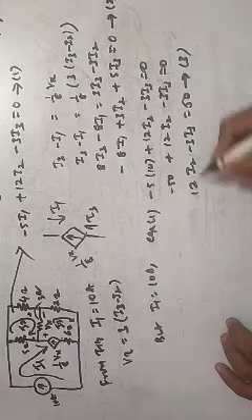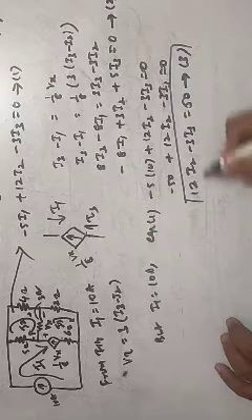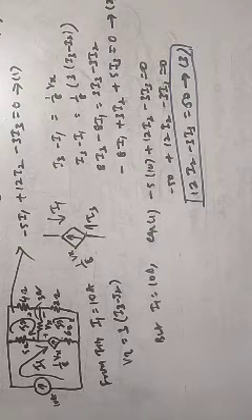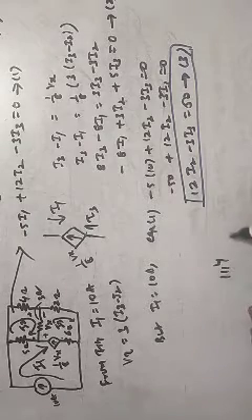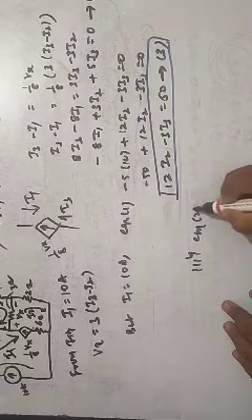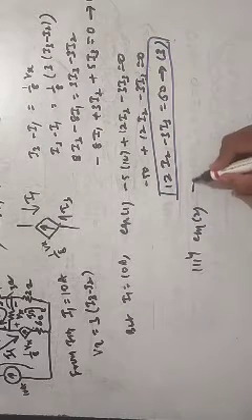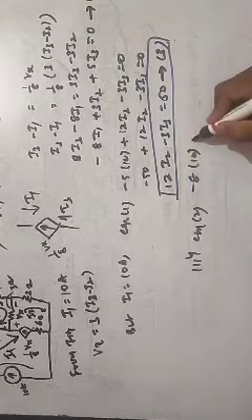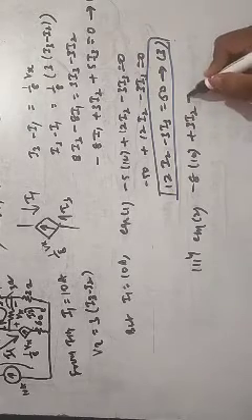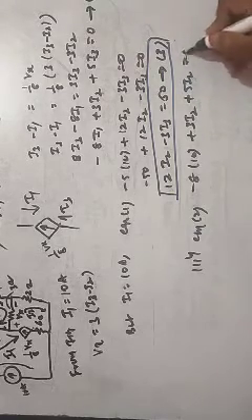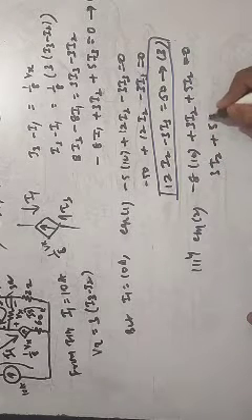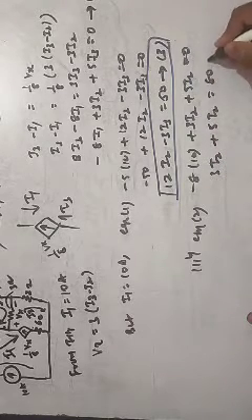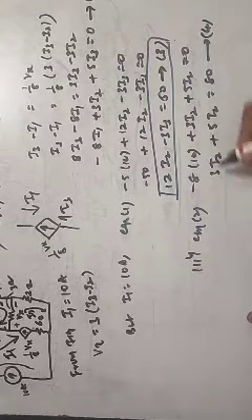We call this equation 3. Similarly, from equation 2, minus 8 into 10 plus 3 I2 plus 5 I3 is equal to 0. This can be written as 3 I2 plus 5 I3 is equal to 80, and call this equation 4.